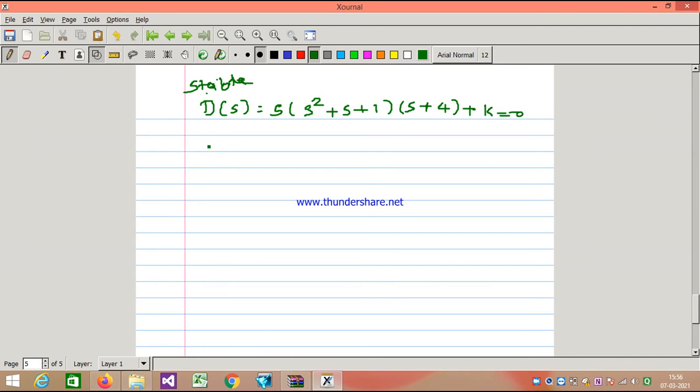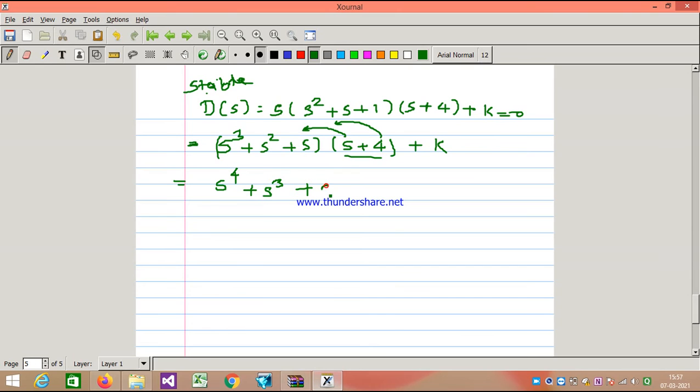Okay, let's solve this. When we multiply s inside, it becomes s cube plus s square plus s, again the second bracket remains as it is, plus k. Now when we multiply this bracket, initially we multiply s to everyone, then 4 to everyone, right? Multiplying s gives s raised to 4 plus s cube plus s square.